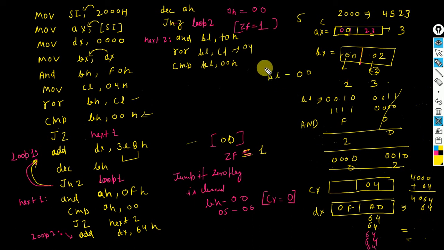BL value is 02 and this is 00, so our carry flag status is 0 in this case.